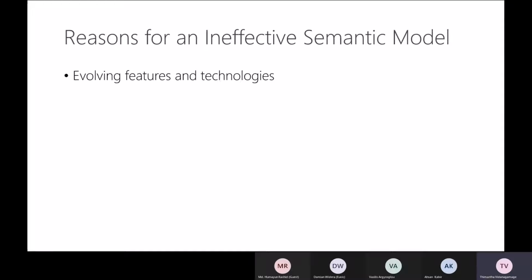So the one main reason that I see here is that we have evolving features and technologies. For example, if you take Power BI, you have monthly updates every time, and it might not be feasible enough for everyone to keep hold of all these features and technologies that are coming up, right?